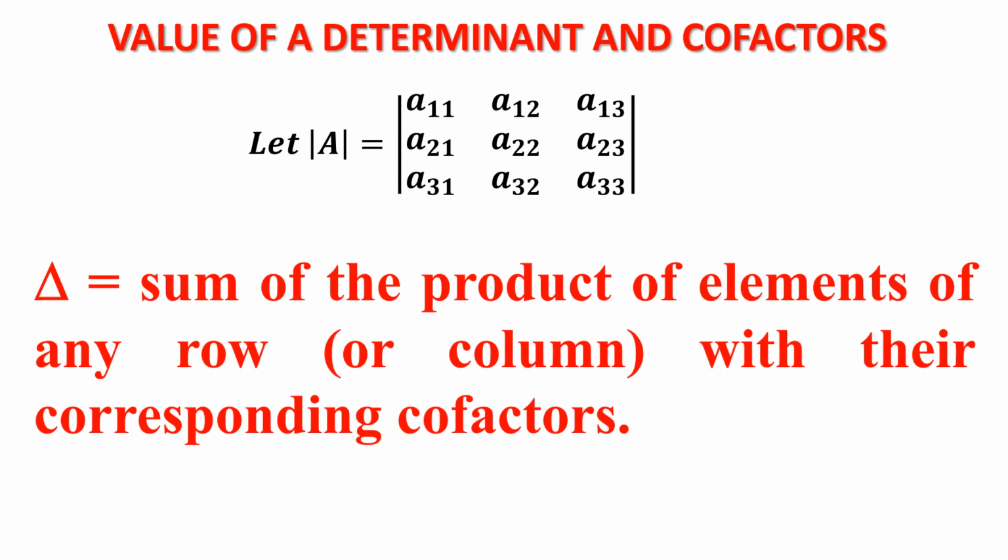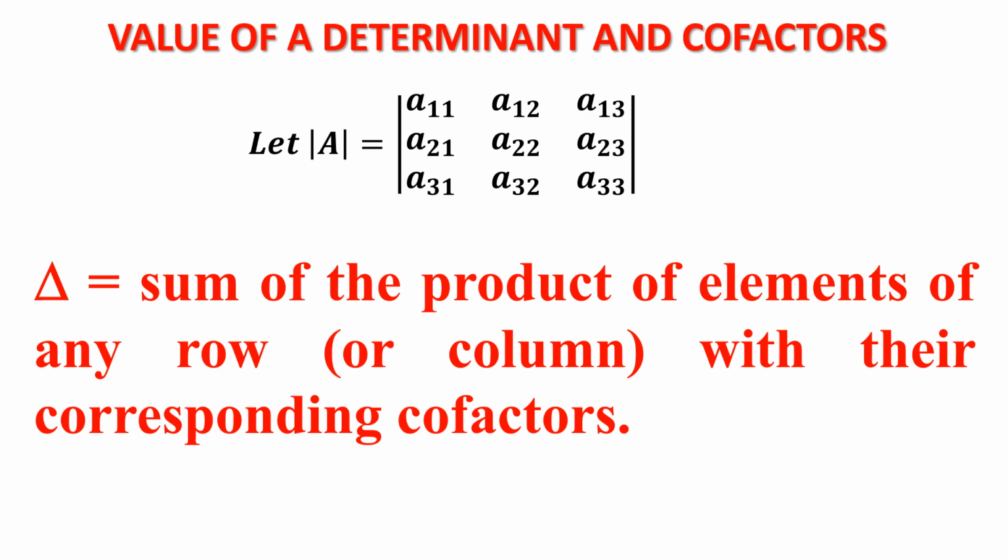The value of the determinant through the cofactors is the sum of the products of elements of any row with their corresponding cofactors. Therefore, to evaluate a determinant, you have to multiply each element with its cofactor and then add everything. This is the same thing we did in explaining how to expand a 3x3 determinant.